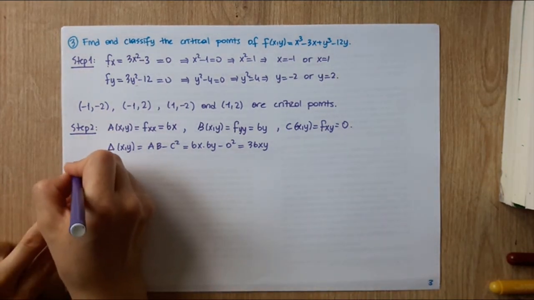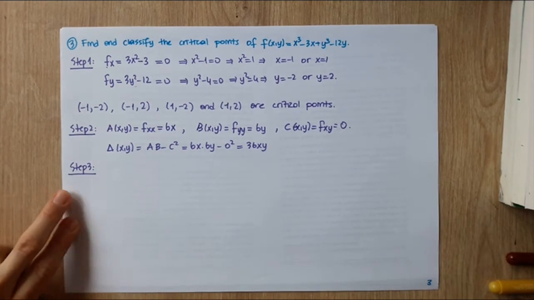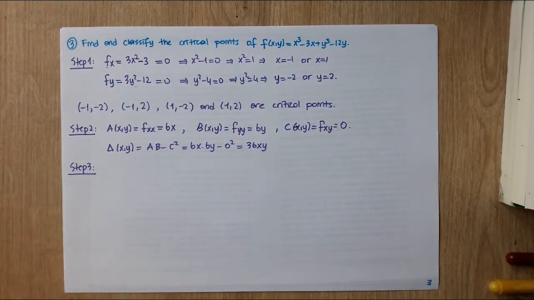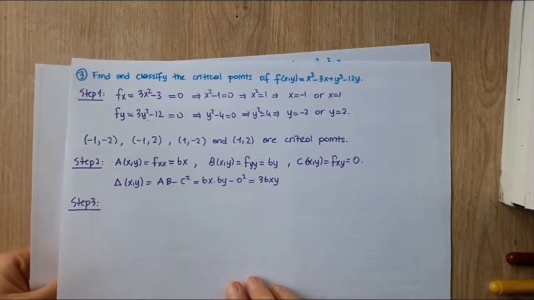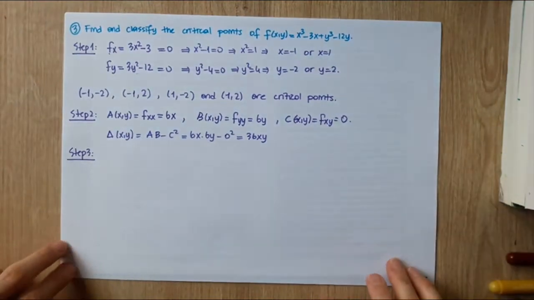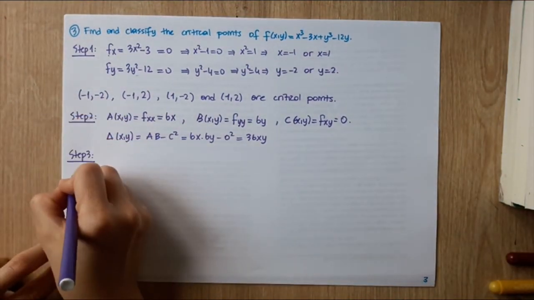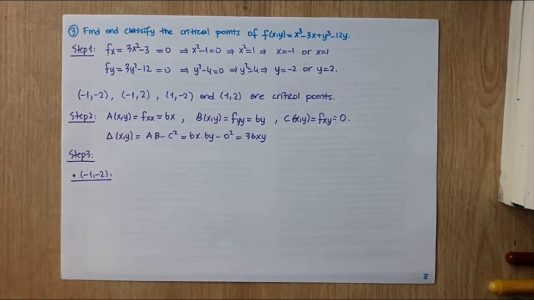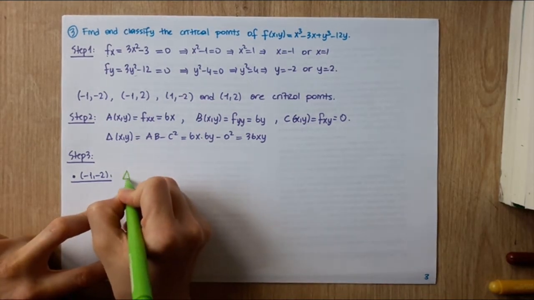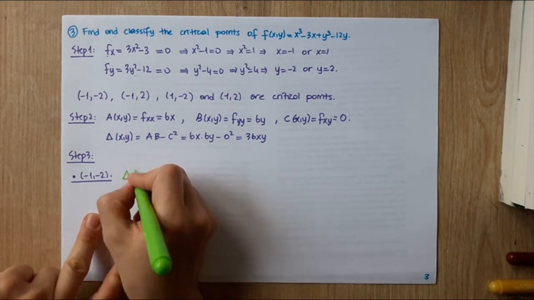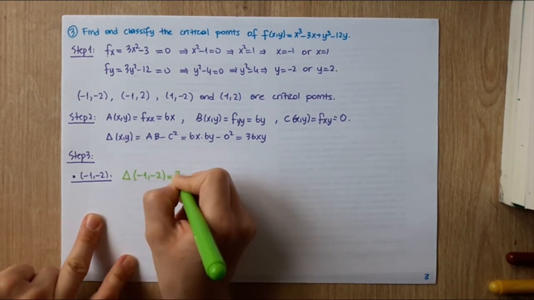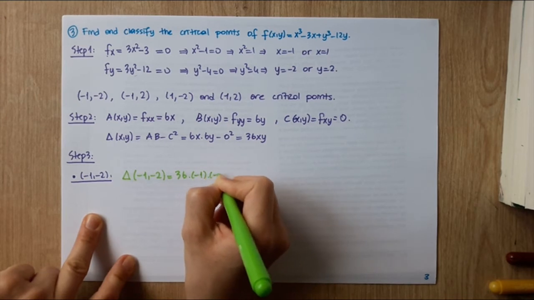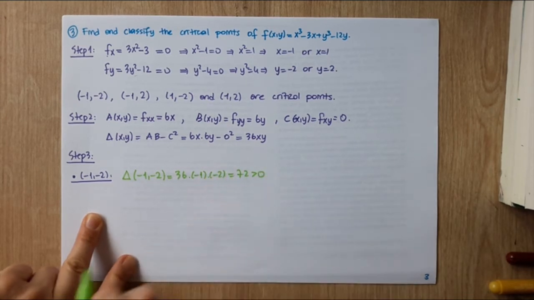Now I can classify my critical points. I will start with the first point, minus 1, minus 2. First of all, we need to calculate delta. Delta at minus 1, minus 2 is 36 times minus 1 times minus 2, which is 72, and it is greater than 0.